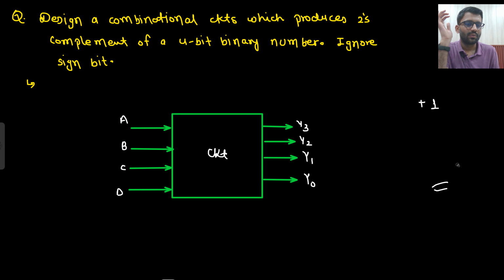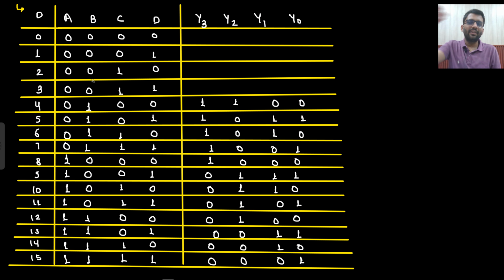Okay, so how will I make the truth table? I am considering this is -0, already 1 is there. I will start from the back, and until I get a 1 I will not change anything. So for 0 0 0 it will be 0 only. Here I will start from here until I get 1, I will not complement, and after that I will complement. So all these bits will be complemented.